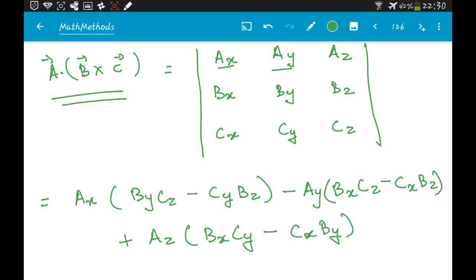So this is how you will calculate your triple scalar product.